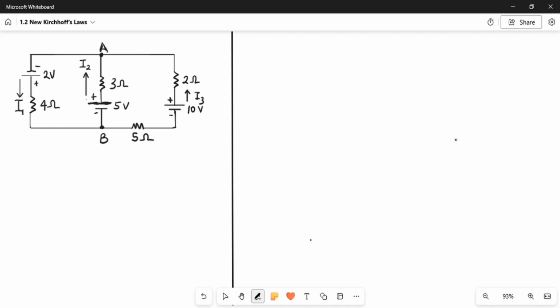So we have been able to identify the different currents and their directions. This I3 will move round and will face this point A. I1 is directed downwards, so definitely it will be moving this way.